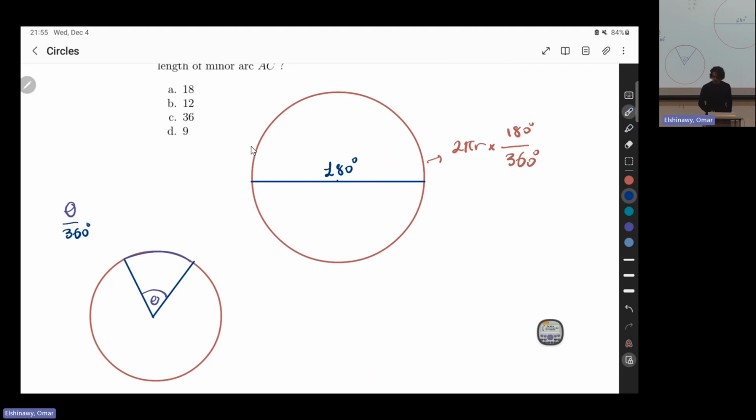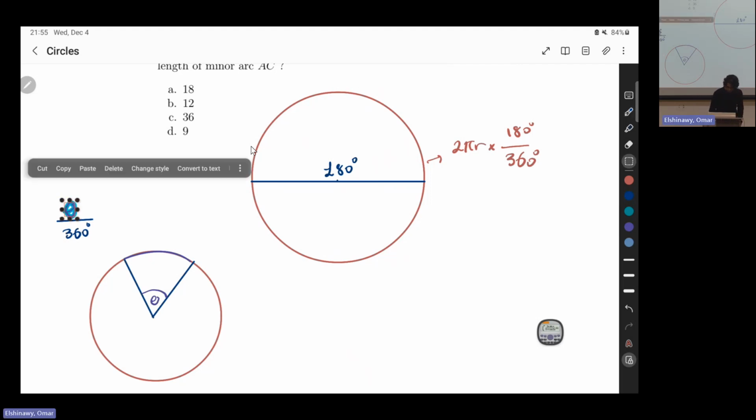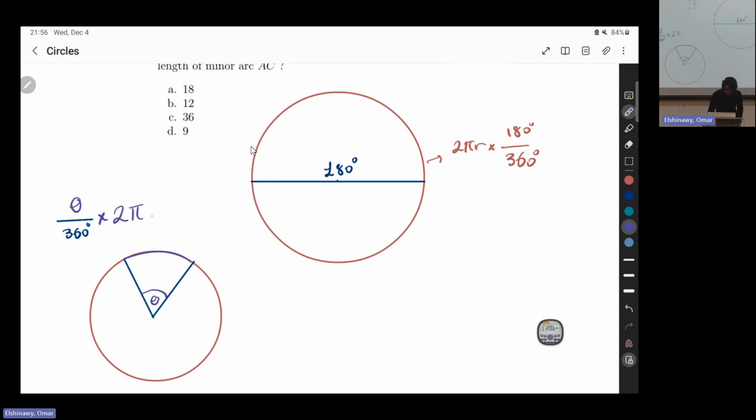It's like you have a pizza with 360 slices, just seeing how many slices you took out of it. And from there you say, okay, I divide this by 360. I took this much out of the whole 360 pieces of pizza, and you multiply this by the size of the whole pizza, which is always 2 pi times the radius. So this would be your radius. You see how this goes?